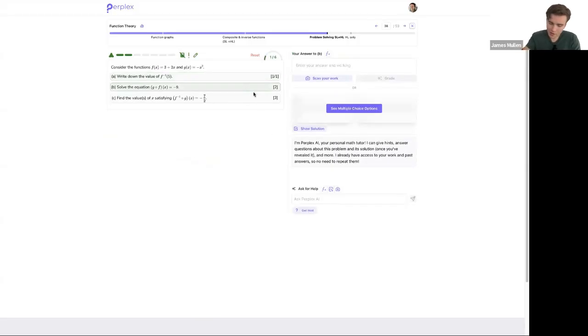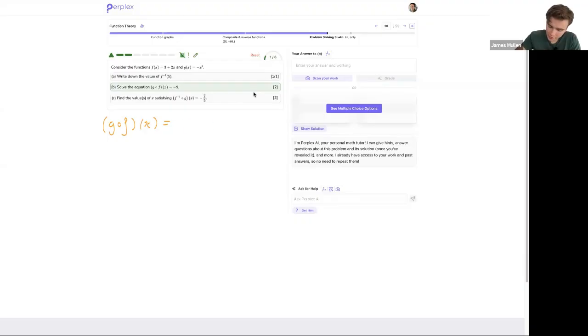Part B, I'm trying to solve the equation g of f of x is equal to 9. I'm going to plug f into g to find the expression for g of f of x. So I'm going to take 3 plus 2x and put it into g.